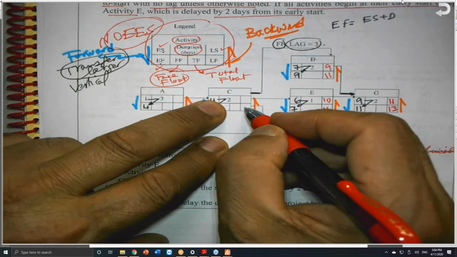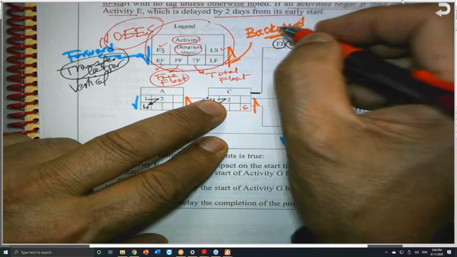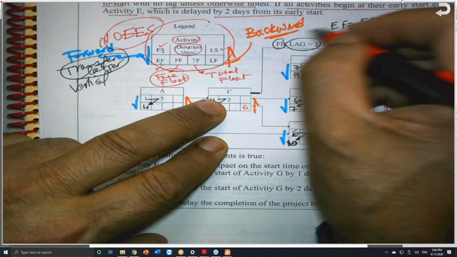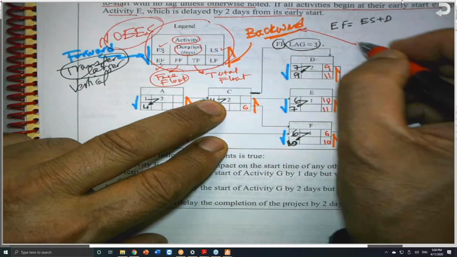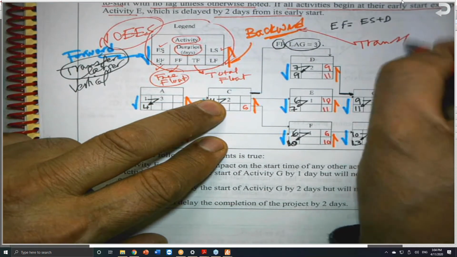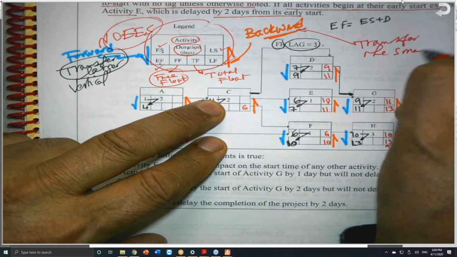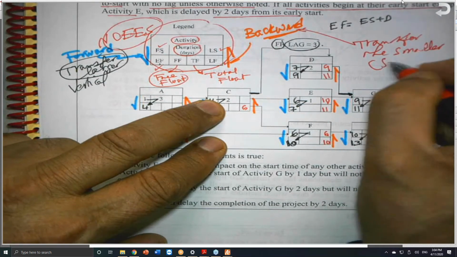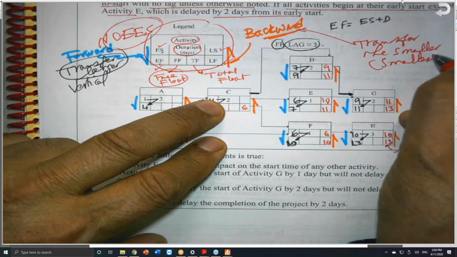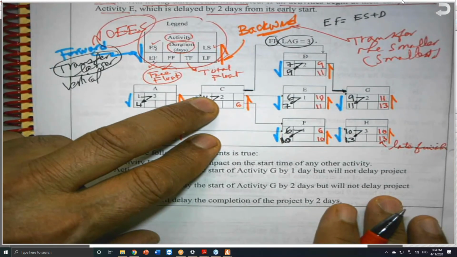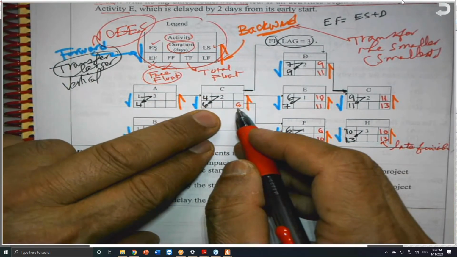The smallest. So for the backward, I transfer the smaller or smallest. So the 6 will be transferred here.